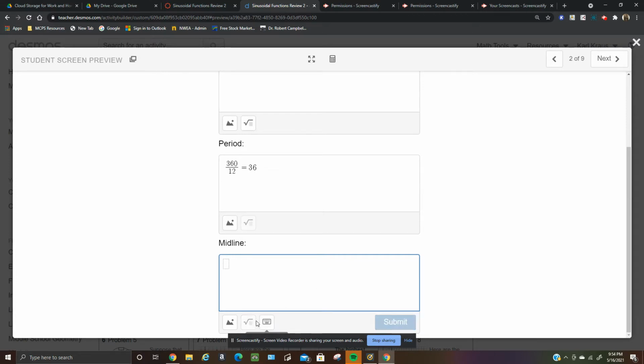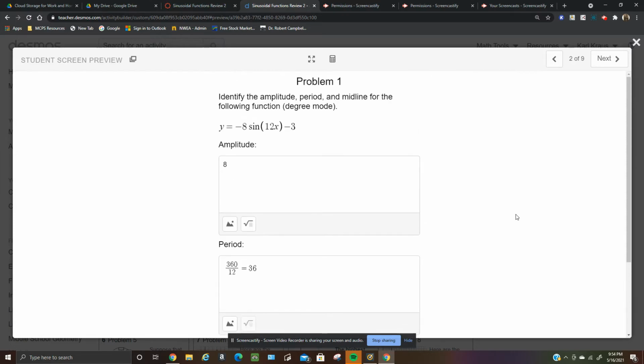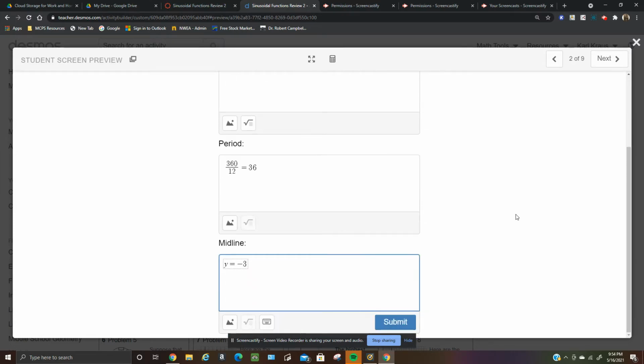Use the equation editor here. So amplitude 8, period 36, midline y equal negative 3.